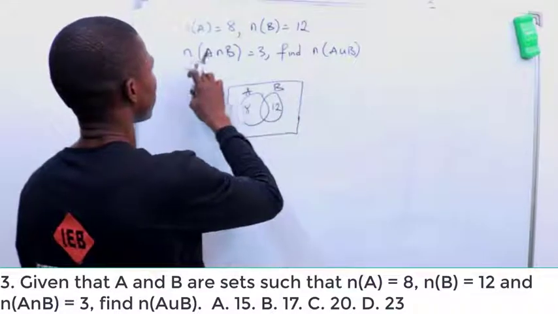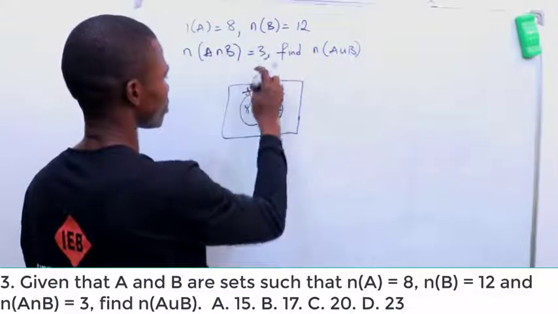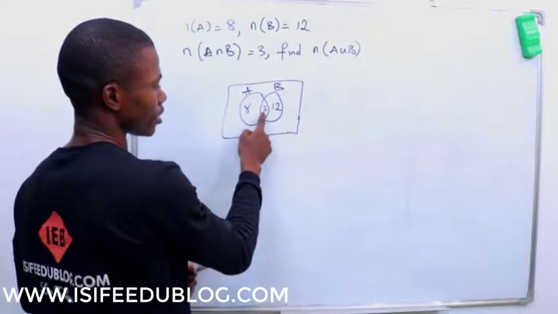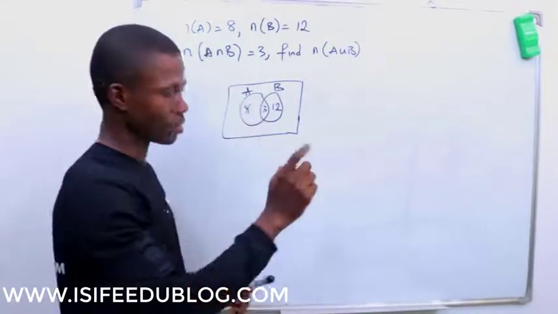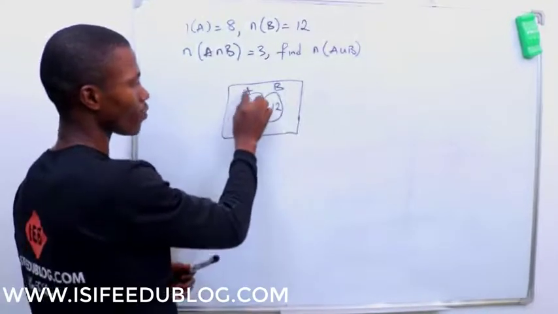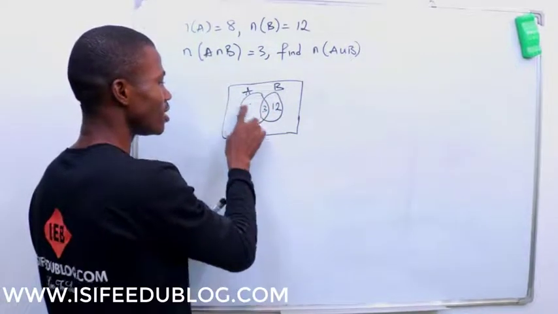Then the number of elements in A intersection B is 3. So here is 3. It means the total of A is 8, and here is 3. To make the total number of A to be 8, you need to subtract this 3 from this 8, making this one 5.